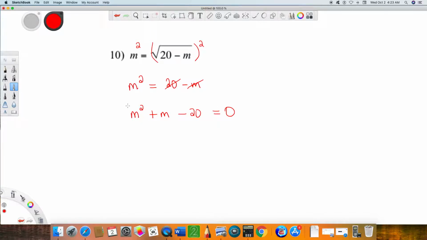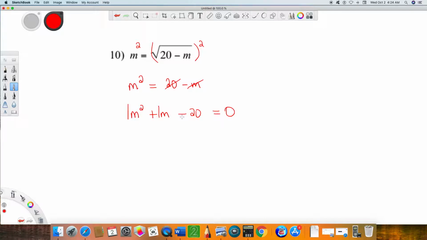All right. Now, with a leading coefficient of 1, that makes this problem easier to factor if it can be factored. So, is it possible to come up with two numbers whose product is negative 20, but when you add them together, you get a 1? So you start trying different combinations. 1 times 20, well, one of those is going to have to be negative, and the larger one's going to have to be positive.